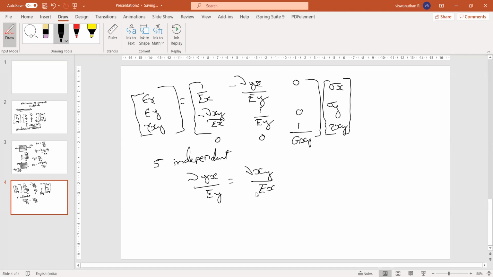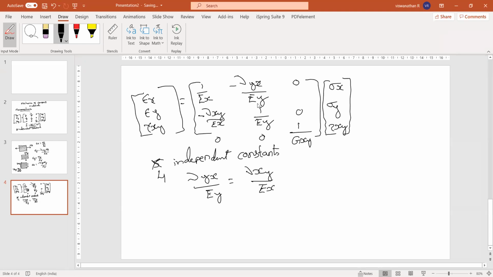So if you know three of the things, you can find the other one. So this becomes not 5, but 4 independent constants.